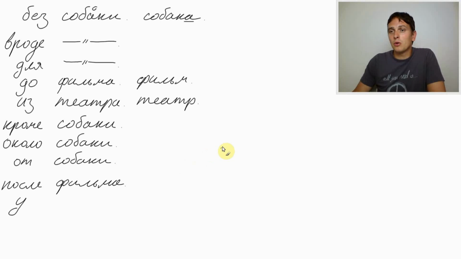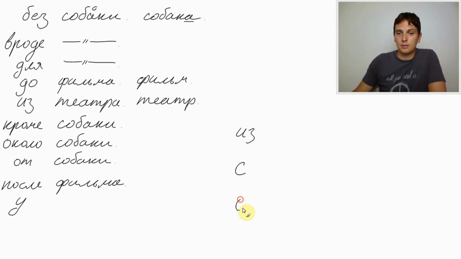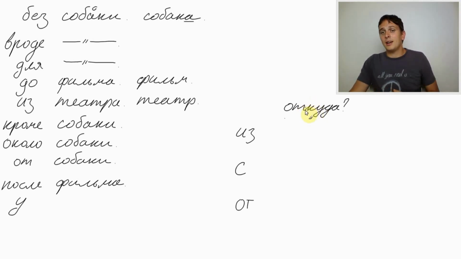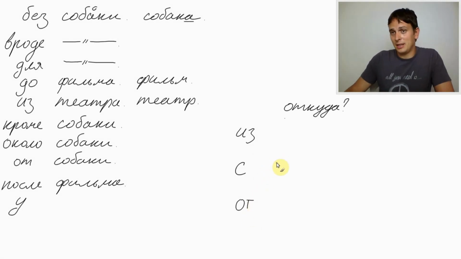And then we get three more prepositions. Из, с, and от. They all mean from where, откуда. От, куда, from where. If we would answer from where, geographically or positionally, we would need to use one of these prepositions. And there are differences in them, and we will learn this difference later on. However, for now, just for you to know, there is a particular pattern in using them.